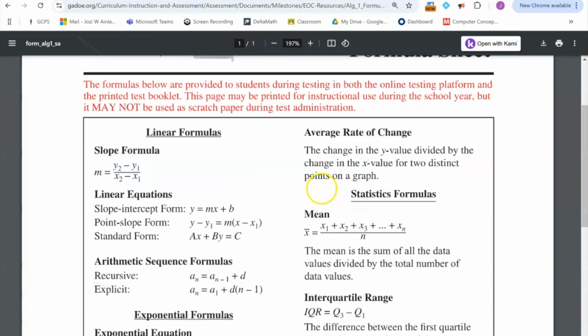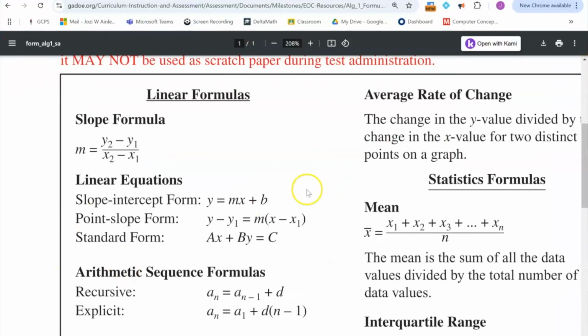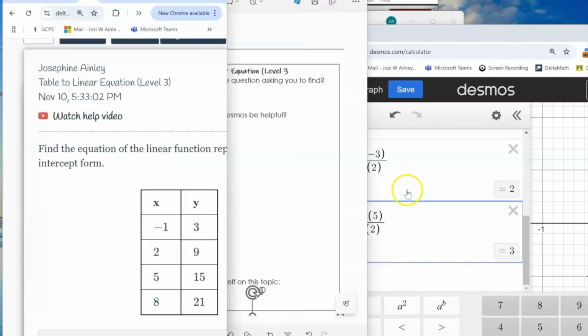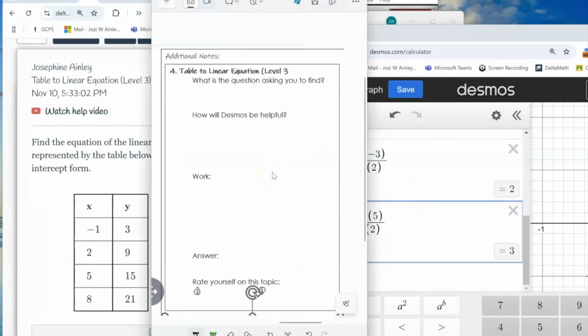I'm just going to make it a little bigger, and I'm looking for linear equation, and boom, I see right here, linear equations. These are the three forms. What is the form you're most familiar with? It's y equals mx plus b. So when I look back at what this question is asking, you're going to fill this out yourself. I'm not going to do this on every single one, but what is the question asking you to find? It's asking me to find y equals mx plus b.